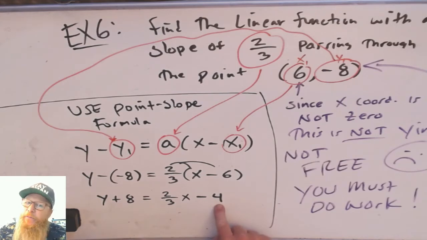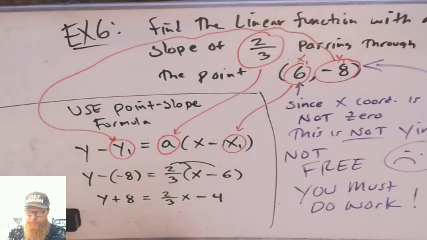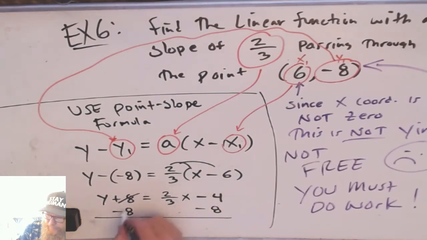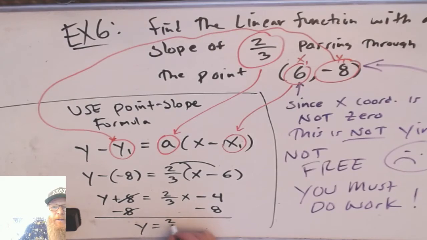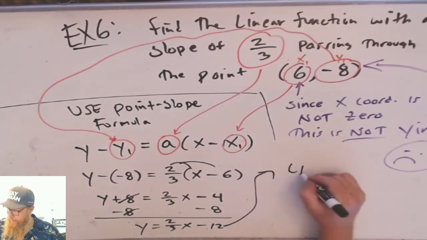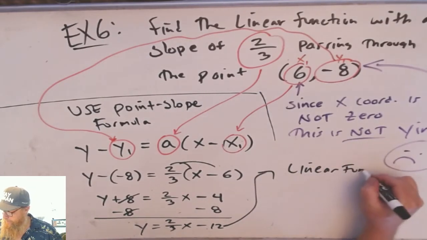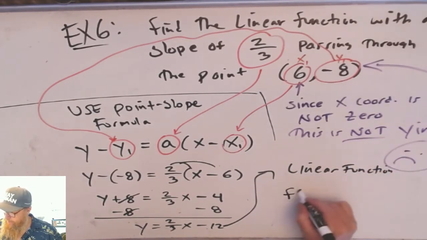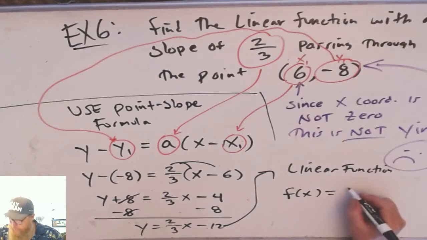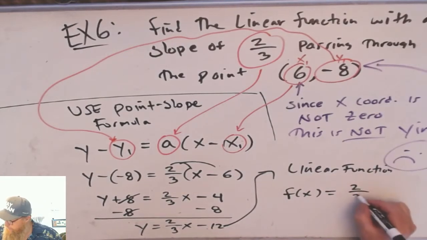If you get a decimal, you probably did something wrong. And then -8 from both sides. So you're going to get 2/3 x minus 12. And so the linear function, the slope is 2/3, and the y-intercept is 0 and -12.